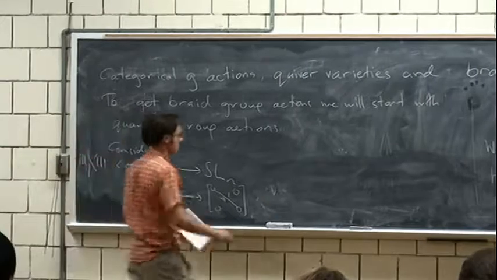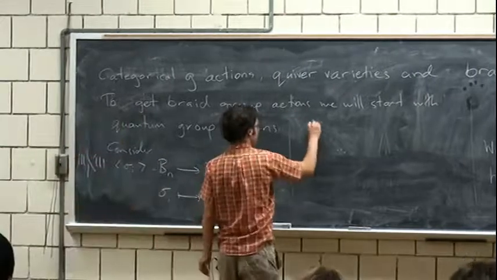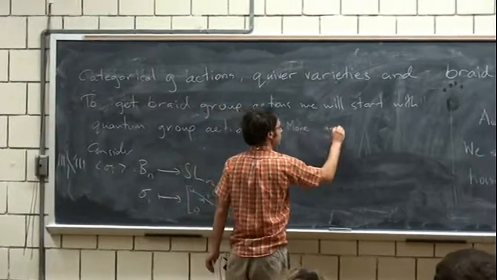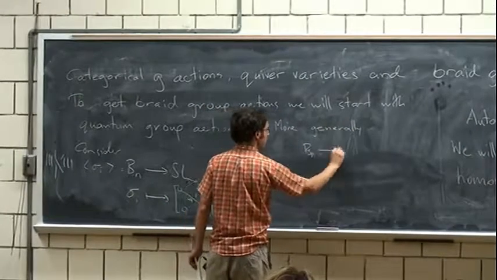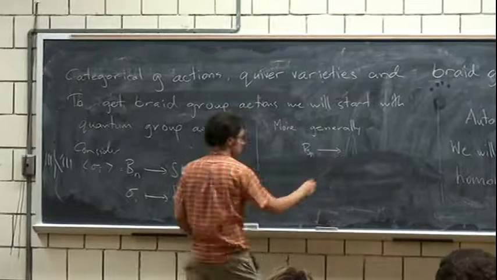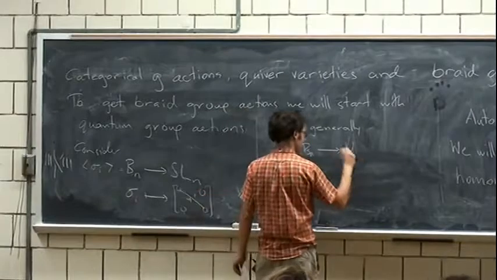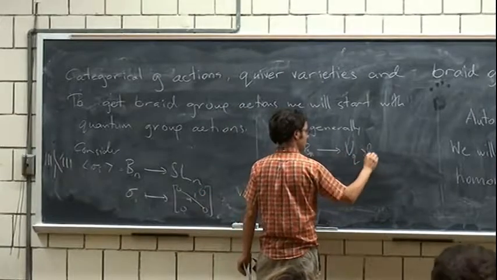More generally, there's a group homomorphism constructed by Lusztig from the braid group to the quantum group, or to some completion of the quantum group.